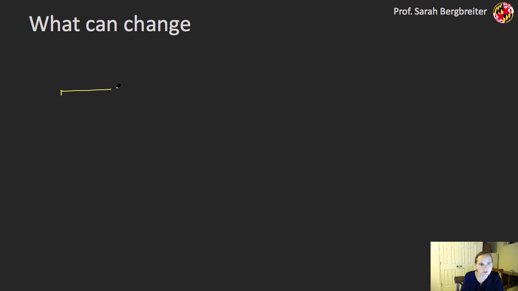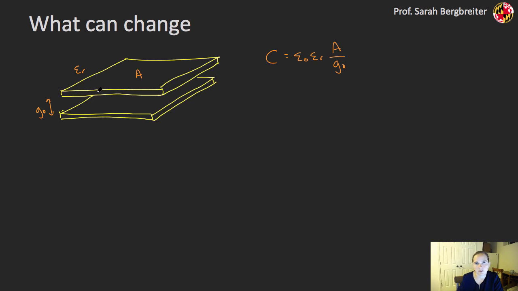Alright, but going back to that parallel plate model, and I'll redraw my plates here, I have a number of different parameters that I can possibly change that will ultimately give me some change in capacitance from my nominal position. So a fairly obvious one looking at this equation is changing that dielectric constant.